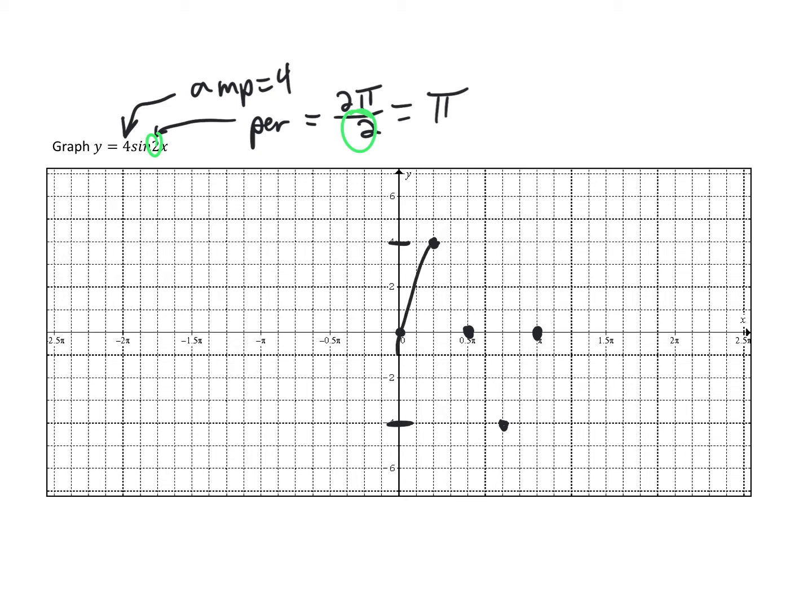So we end up with a wave that looks like this. Now this is just 1 cycle. These will continue on until infinity or forever in both directions, just repeating that same wave.